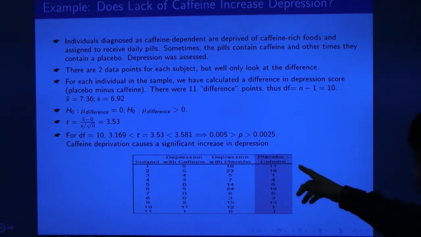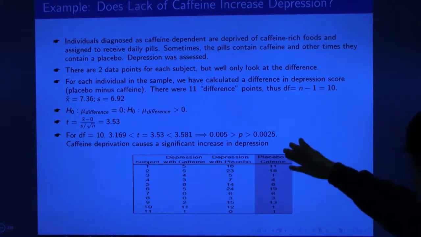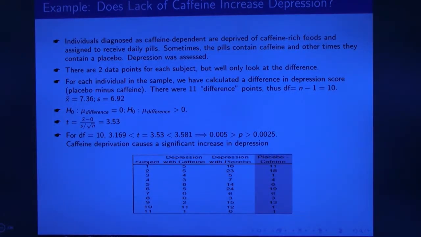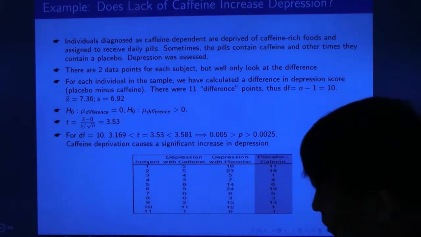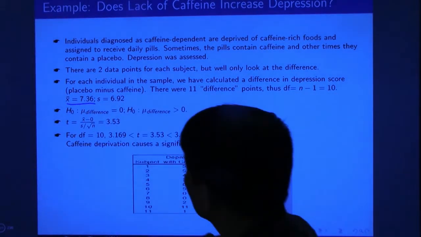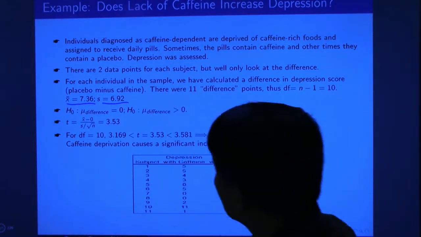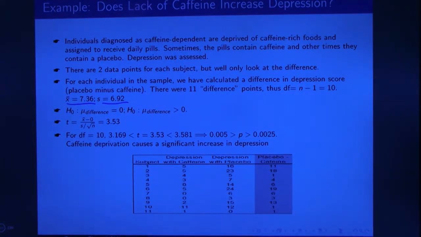So the mean is given by adding all this together and dividing by 11, which equals 7.36. So the mean of the sample equals 7.36, and the standard deviation equals 6.992. Here we don't know the population standard deviation, so this is a t-test.